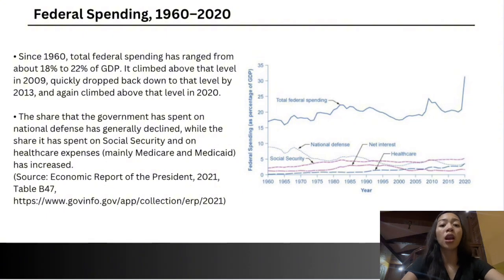Third is health programs, which include Medicare for seniors and Medicaid for low-income individuals, as well as other healthcare-related expenses. And last is interest payments, money paid on the government debt, which grows when the government runs deficits and borrows more.